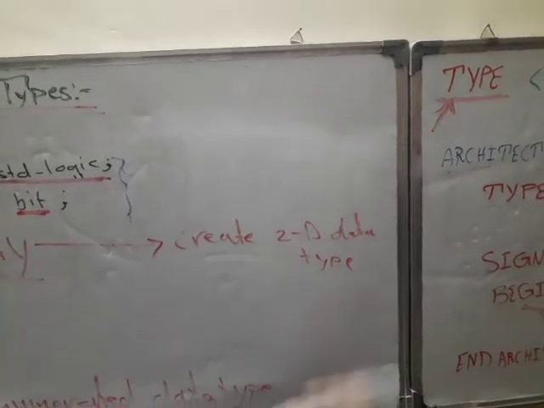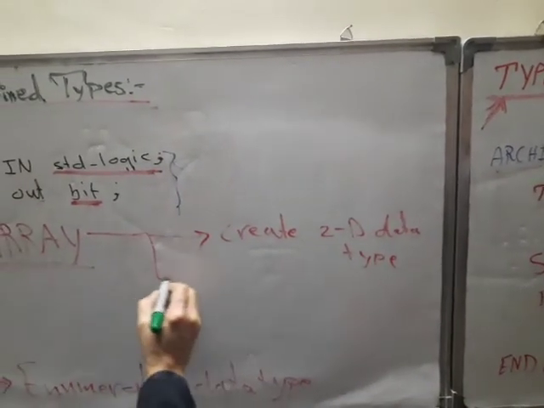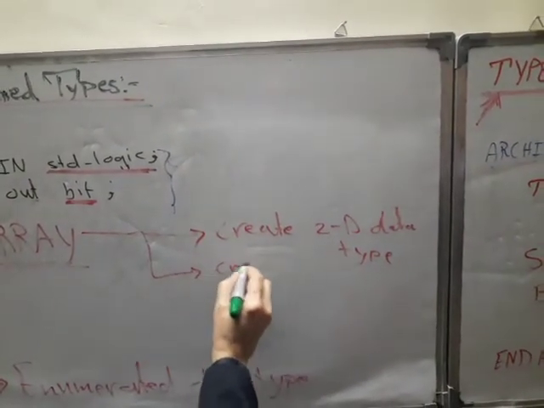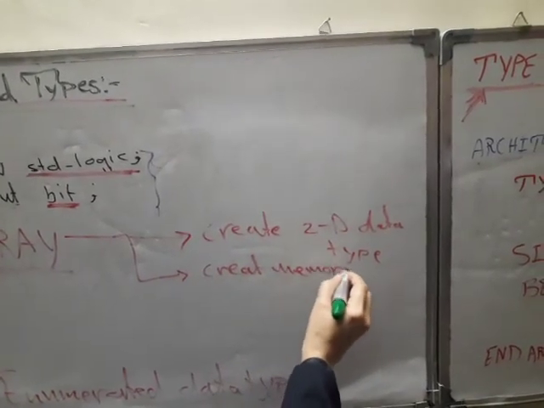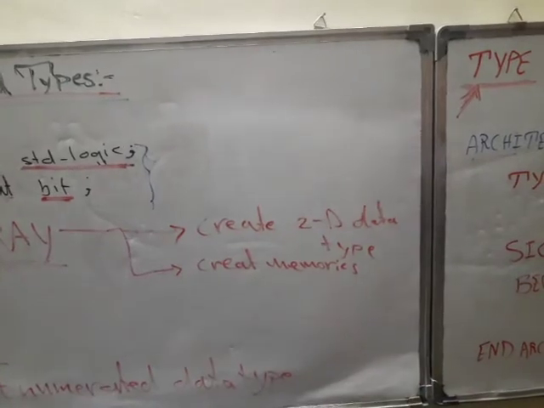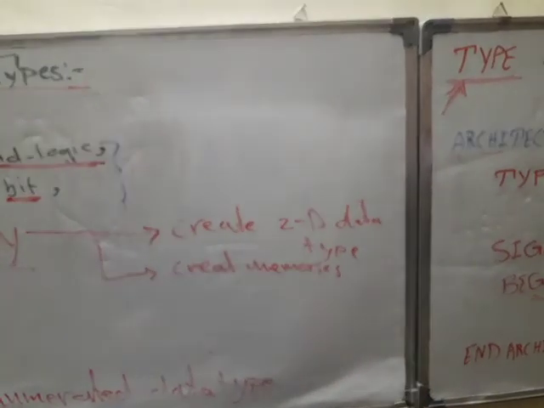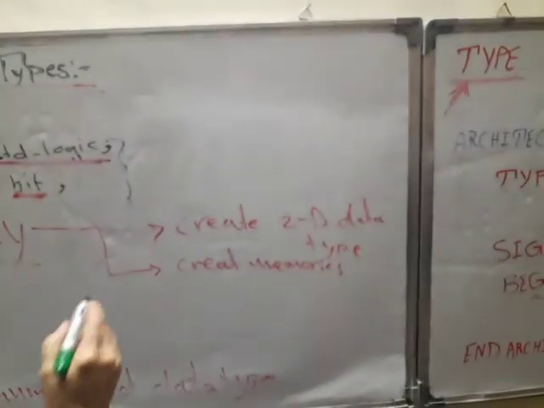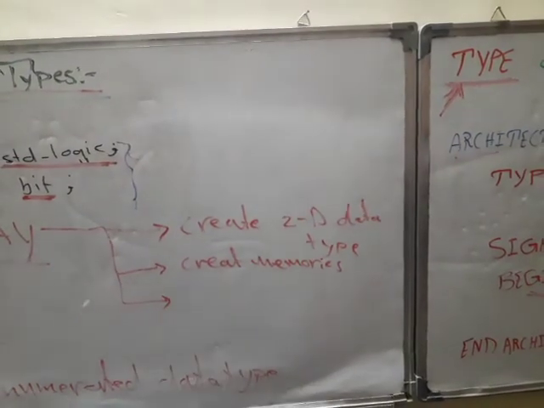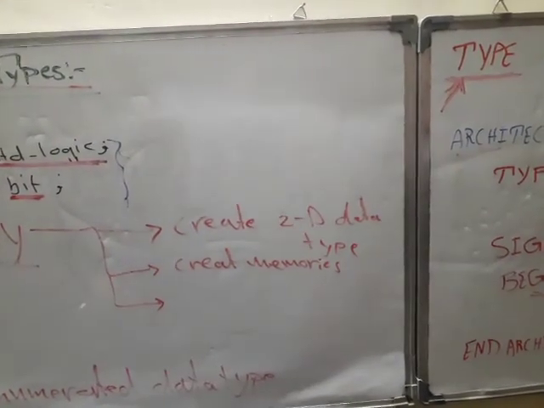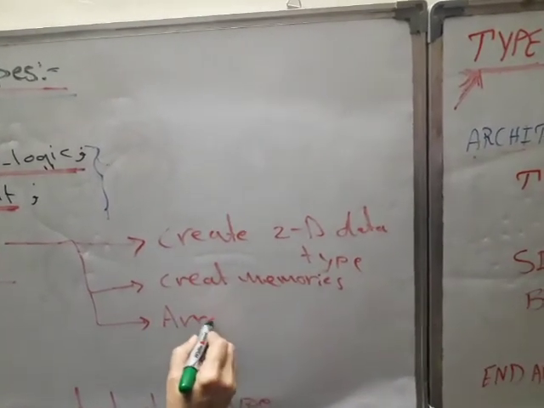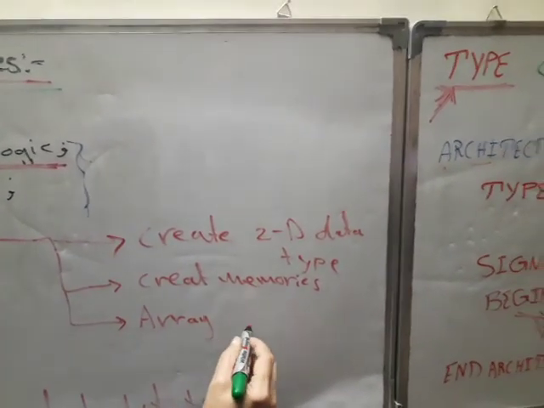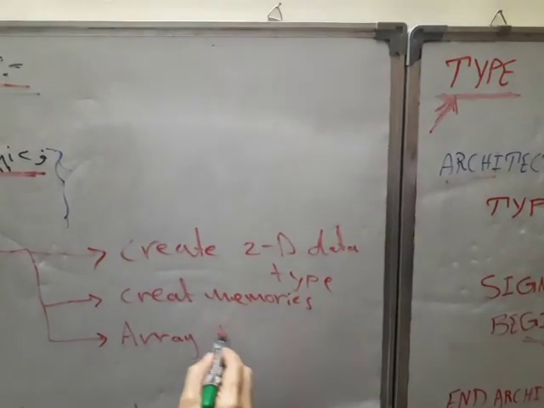It can be used to create memory, as we see in our example, and to define array data, that is, the array type declaration.